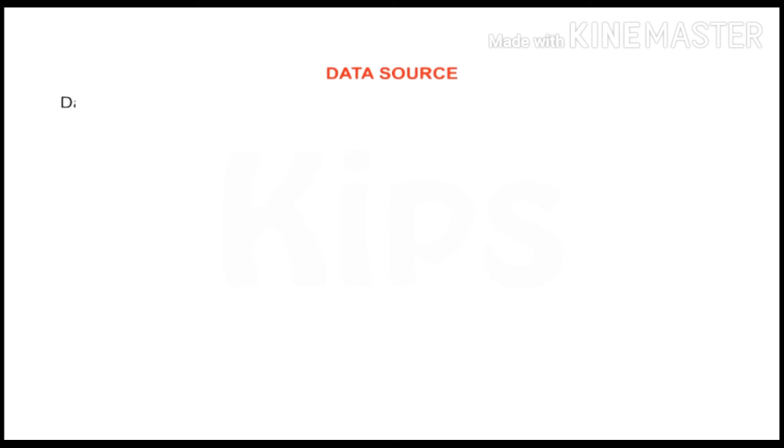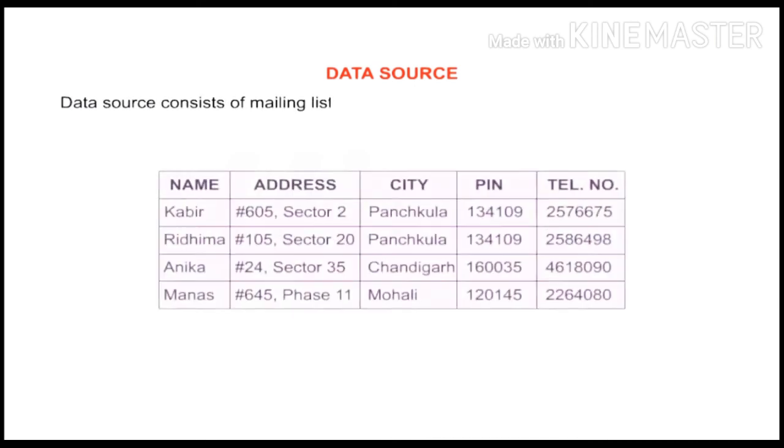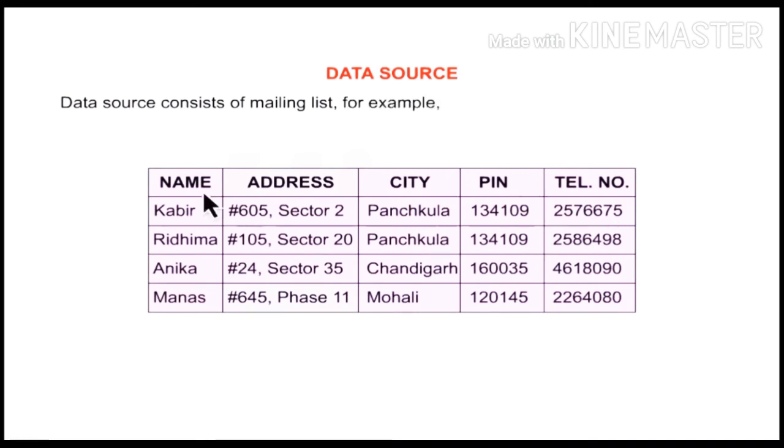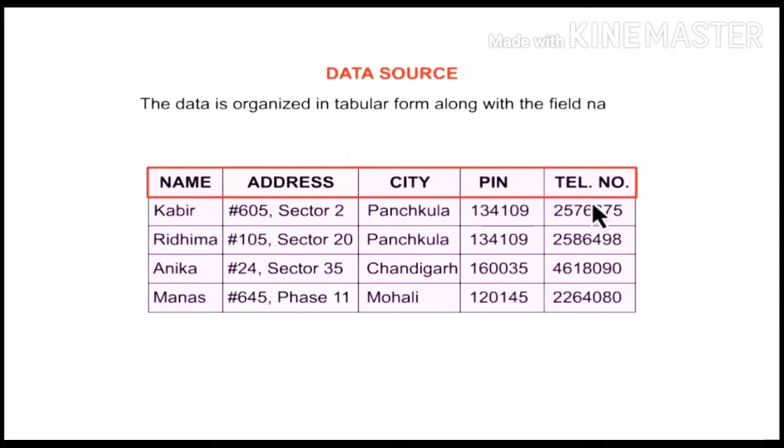Data source. Data source consists of mailing list, for example, name, address, city, PIN, and telephone number, etc. The data is organized in tabular form along with the field names.